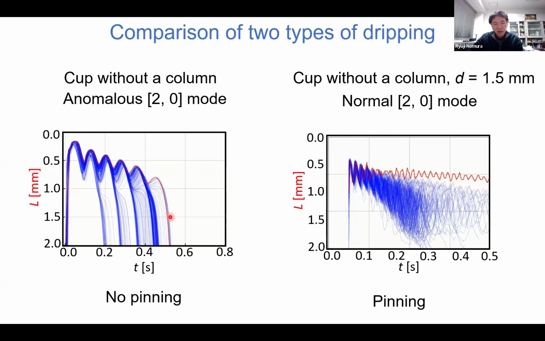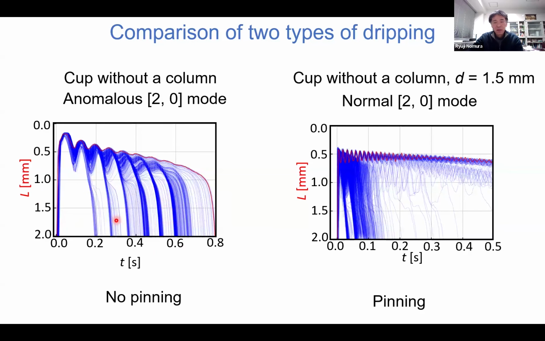And now it started another stable dripping period. So these two behaved quite differently. Okay, let me skip. This is the whole collection of all the trajectories. So these two behaved quite differently.